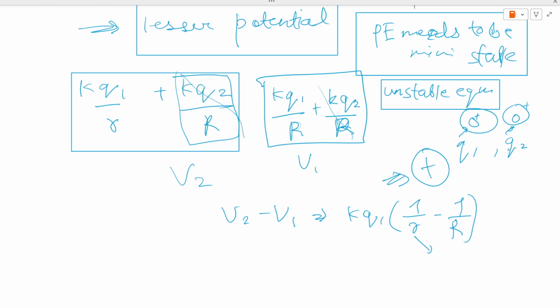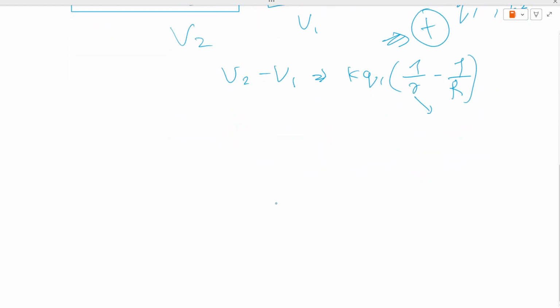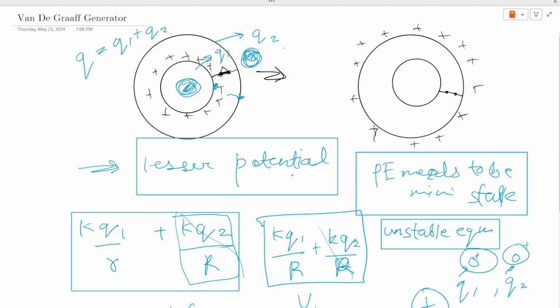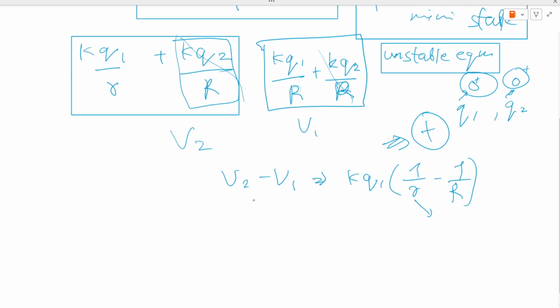Now we basically are able to figure out that all the charge provided to this shell will indefinitely move towards the outer shell. That is what is going to happen, right?